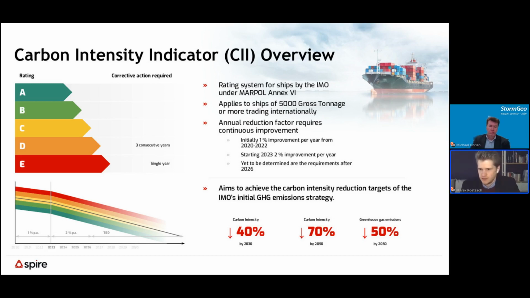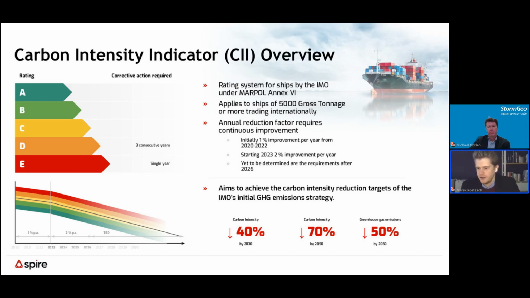Going forward, the annual reduction will be at 2%, which is illustrated in the bottom left graph. And further improvements haven't been decided yet, but will most likely increase and will be decided by the IMO.